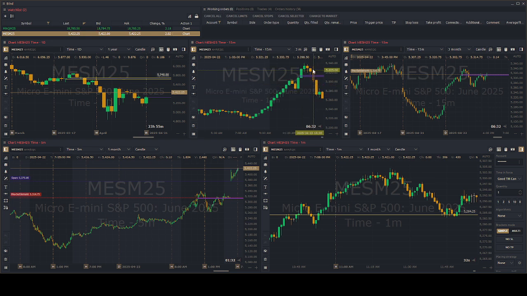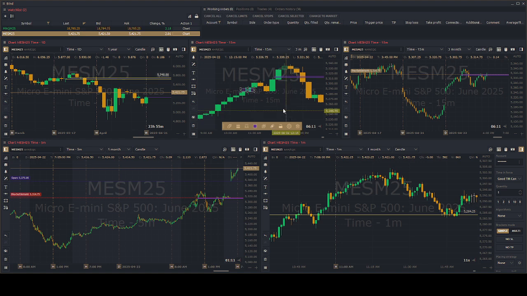Which we may or may not have gotten in here. Later we find out we didn't. But so the gap is right in here. Let's outline that. Doesn't have to be perfect. I don't have the same precision as ICT, but that's okay. You don't need to be profitable. Okay.